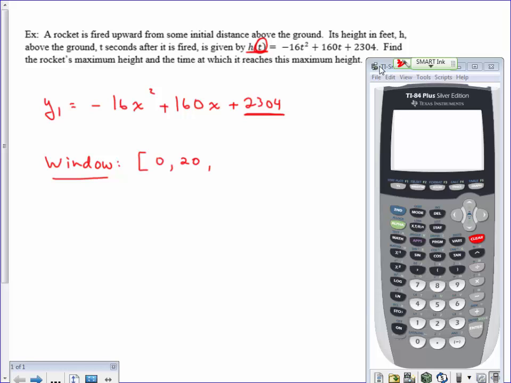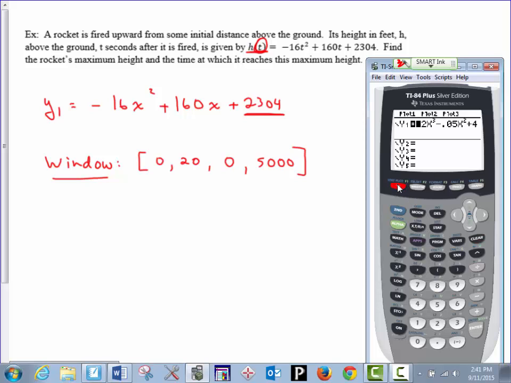And then the y's, which is representing height, let's try 0, and then we know it's got to be something bigger than 2304. Let's say that we go to 5,000. That may be too big, it may be too small, but we can change that later on.